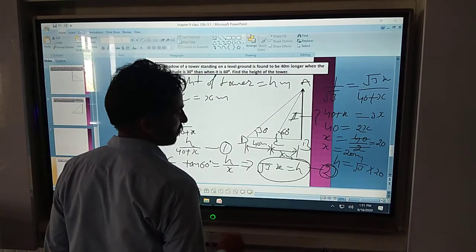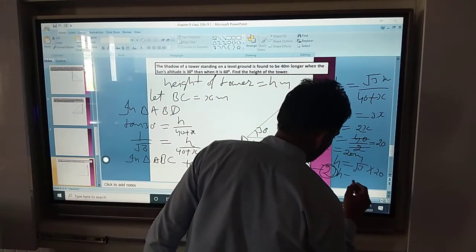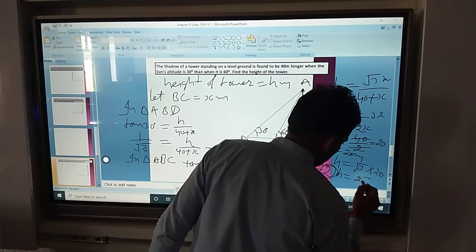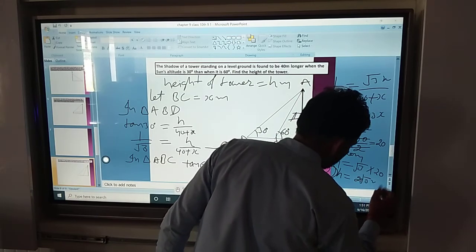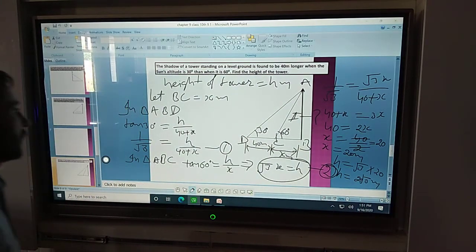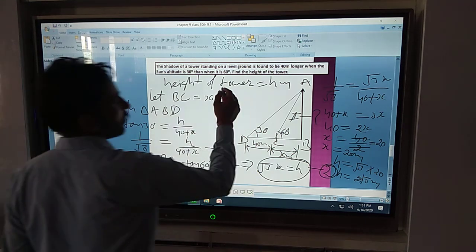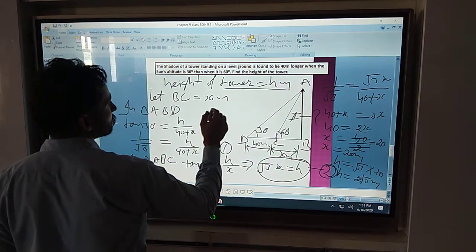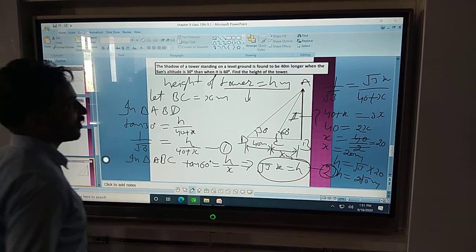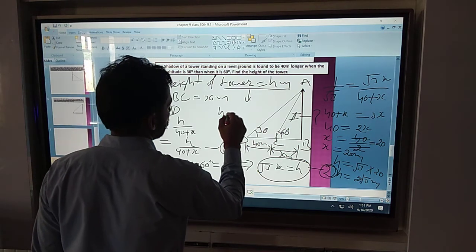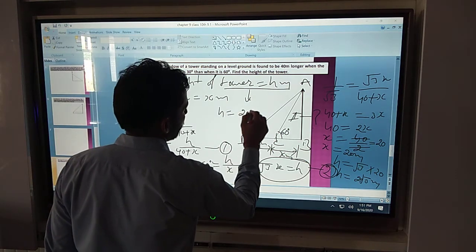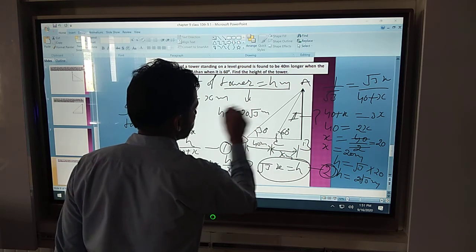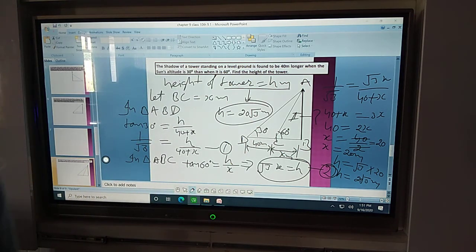Therefore, the height of chimney h is equal to 20 under root 3 meter, which we have to find. Or height of tower, it becomes 20 under root 3 meter. This is our answer.